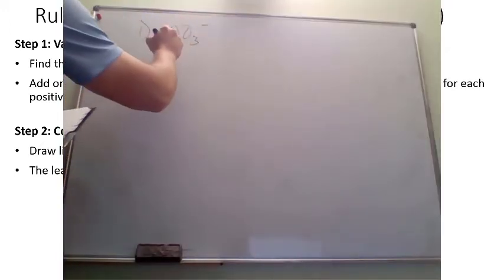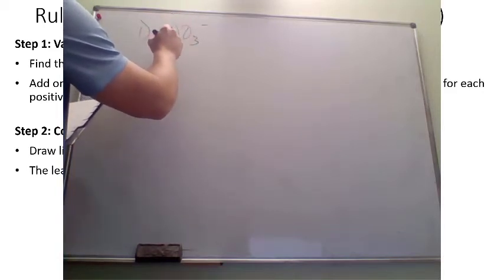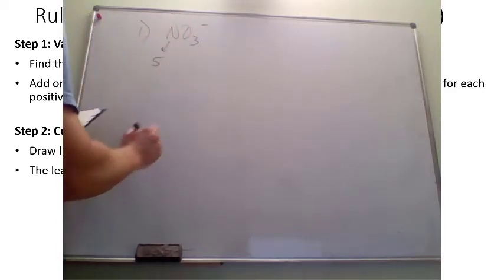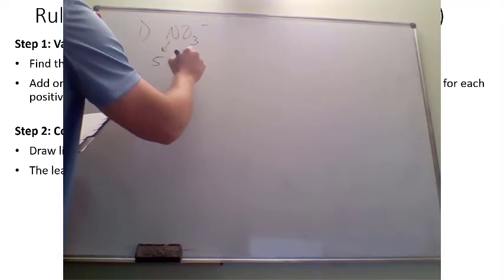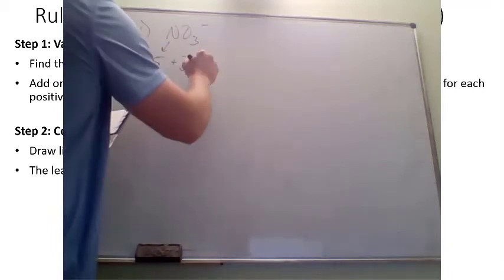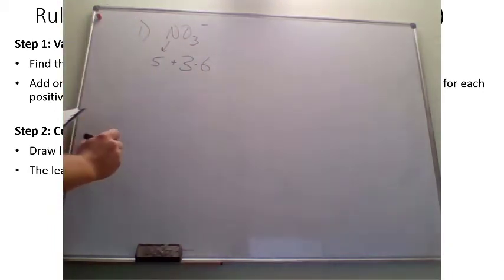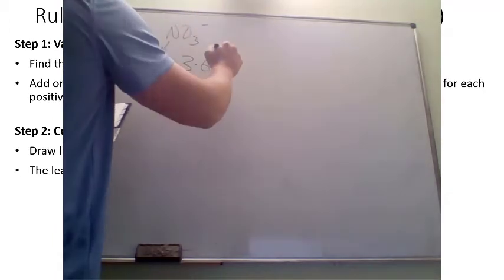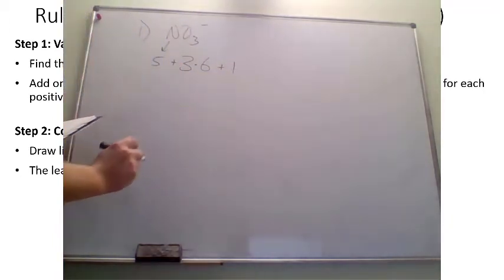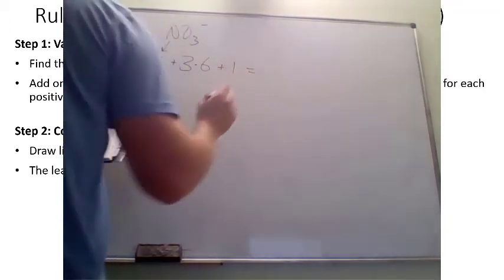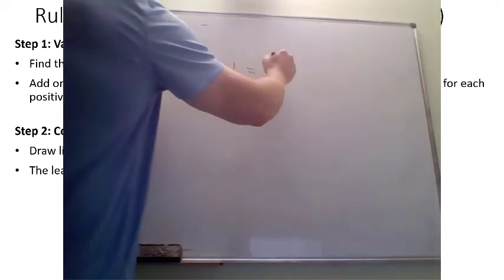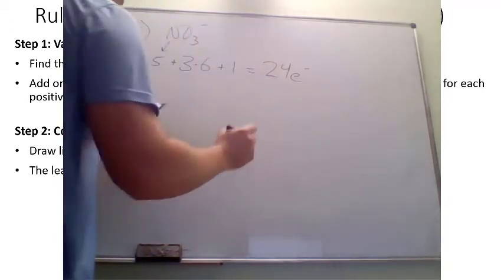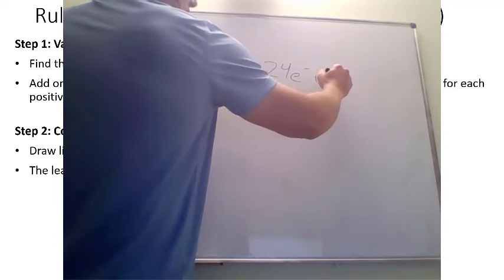So if we take a look on the periodic table, we see that nitrogen has 5 valence electrons, and then we have 3 individual oxygens which have 6. And then that negative charge is going to have us add 1. Okay, so when we plug and chug, put all these together, we have 24 total valence electrons.